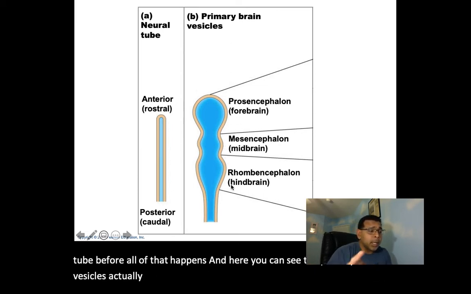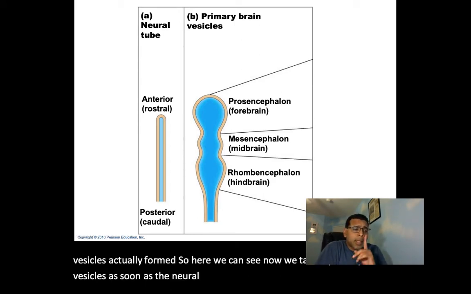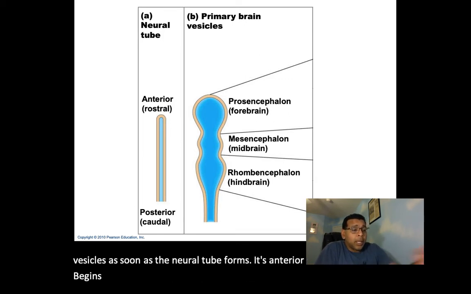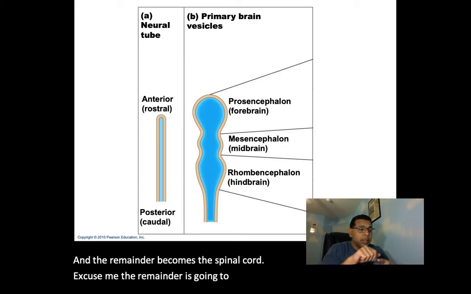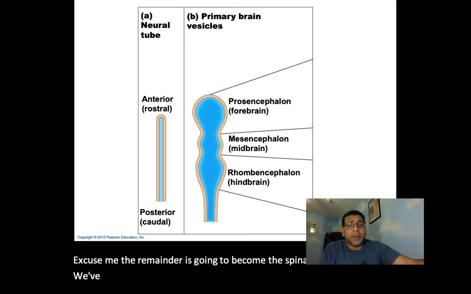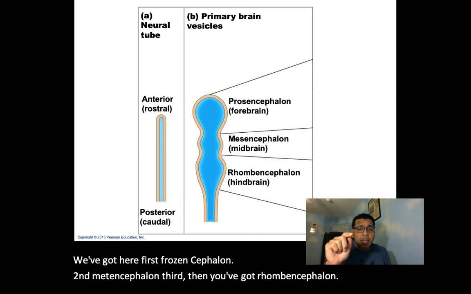When we talk primary brain vesicles, as soon as the neural tube forms, its anterior end begins to expand, forming the brain, and the remainder is going to become the spinal cord. We've got first prosencephalon, second mesencephalon, third rhombencephalon: forebrain, midbrain, and hindbrain.